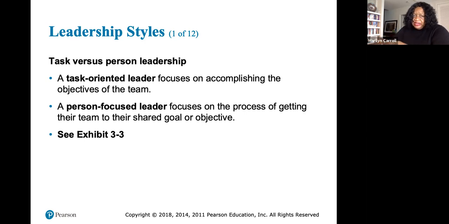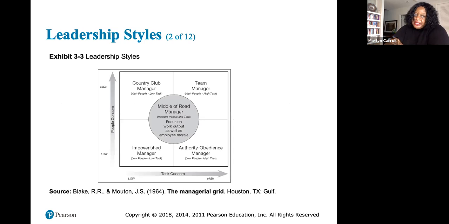A task-oriented leader focuses on accomplishing objectives of the team, whereas a person-focused leader focuses on the process of getting their team to their shared goal or objective. Which one do you think is best? A task-oriented leader or a person-focused leader? Well, let's see. I'm more on the person-focused leader.